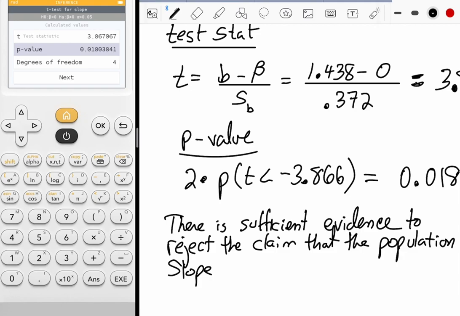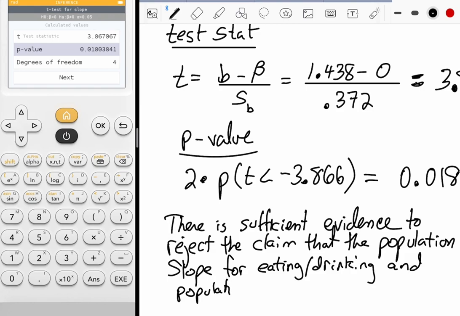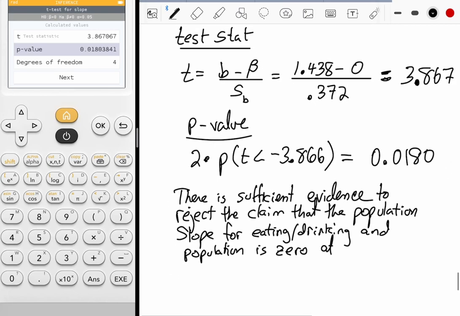So slope for or between eating, drinking, y variable first, and population is 0. Or you do y first? Yeah, like you think of slope, change of y over change in x. We always talk about the y variable first in terms of changes in the x variable. At the 0.05 significance level.